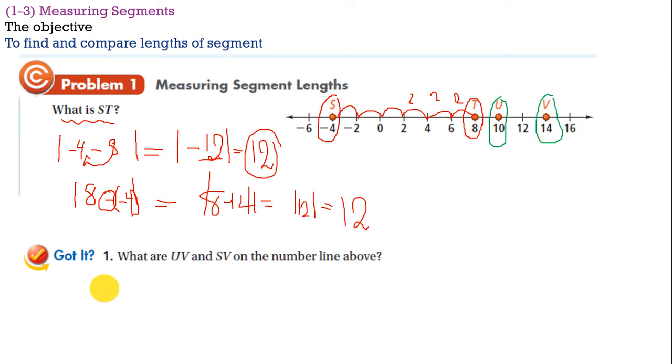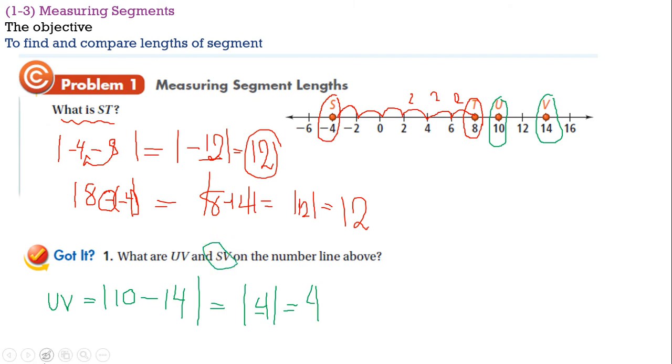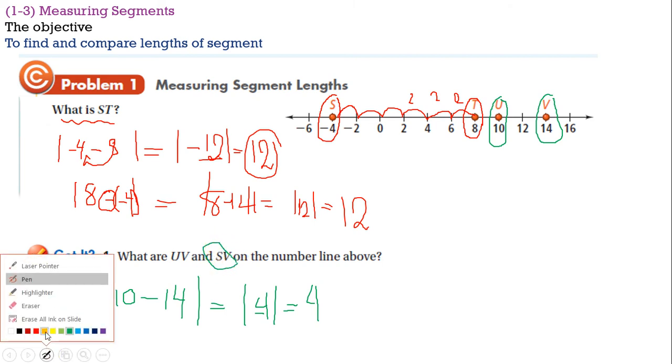So the length of UV is equal to the absolute value of 10 minus 14, which is equal to the absolute value of negative 4, which is equal to 4. Now, the last thing that I need to do in this part is a very easy problem.